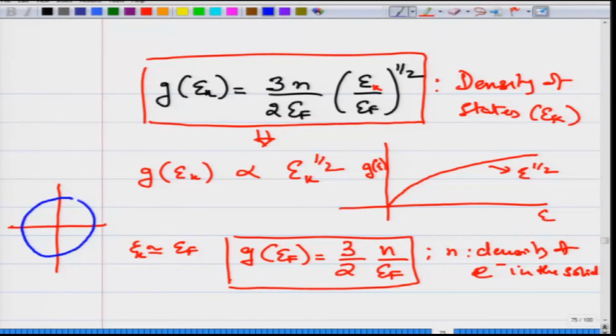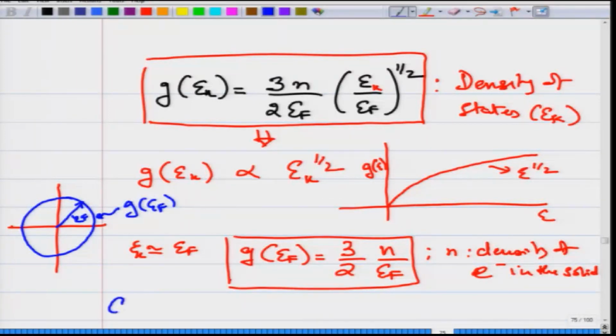So, if you have a Fermi level, then the density of states available at the Fermi level, G at E_F, that means per unit interval of energy, the number of states that you have per unit volume is actually proportional to the total number of particles.